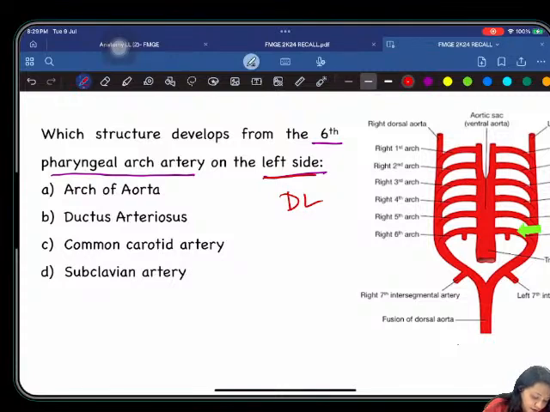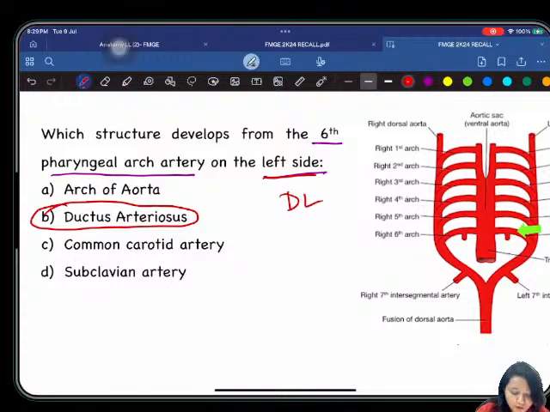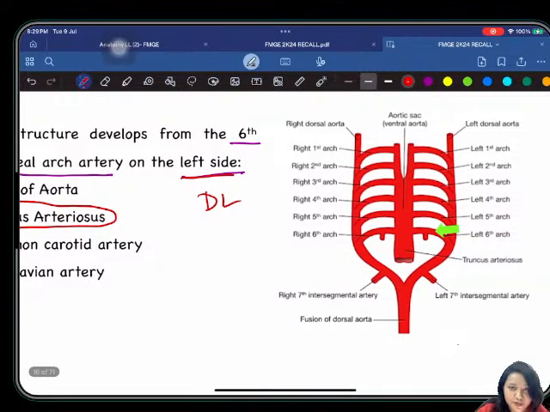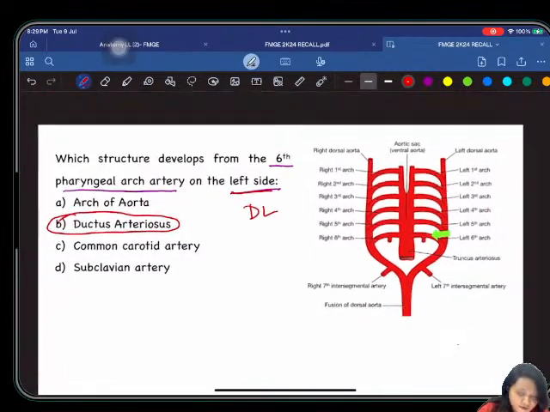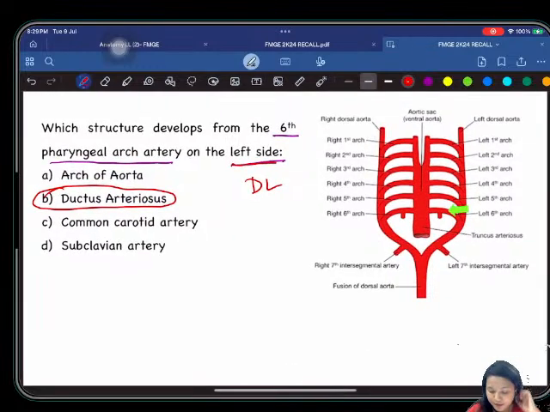So the answer here will be ductus arteriosus. And they have also given the sixth arch with the image. So the answer is very easy, ductus arteriosus on the left side. So anybody has attempted this question? It's very easy. Actually, these are direct questions which you are getting.